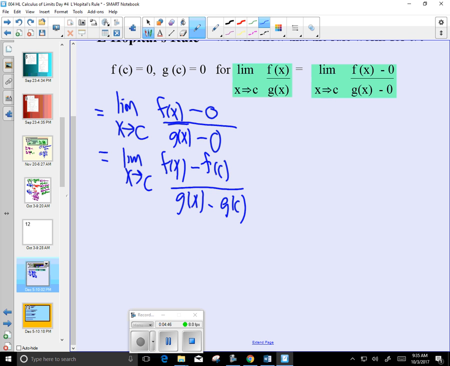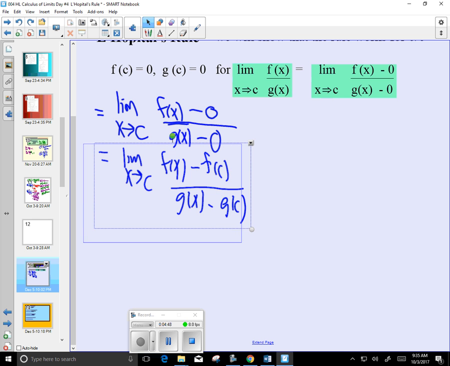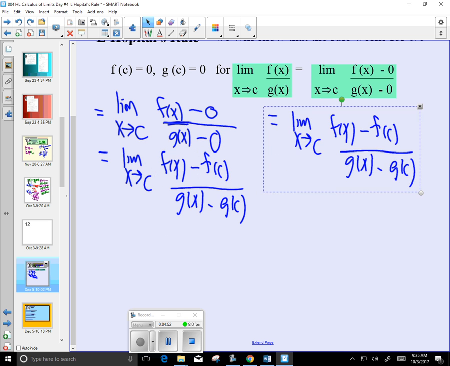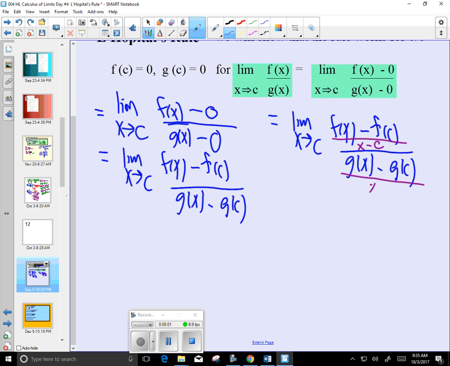And now I'm going to take this, actually it's already there, and I'm going to clone it, and then I'm going to divide the top by x minus c, and the bottom by x minus c. It's like dividing top and bottom by x. Legal? Mm-hmm.